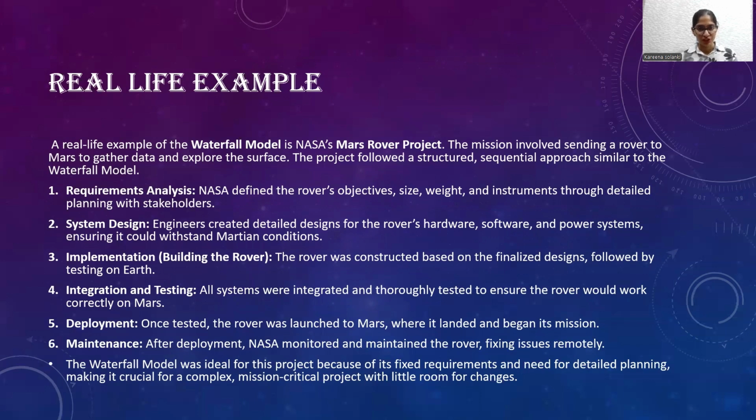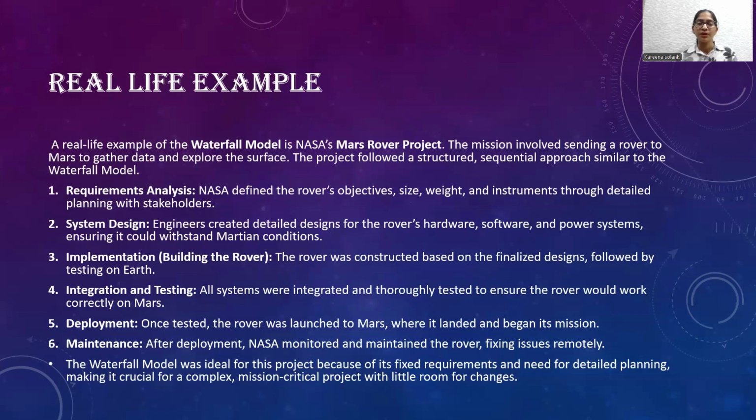Next is the implementation. The rover was constructed based on the finalized design, followed by testing on Earth. The next is the integration and the testing. All the systems were integrated and thoroughly tested to ensure the rover would work correctly on Mars. Deployment. Once it was tested, the rover was launched to Mars, where it landed and began its mission.